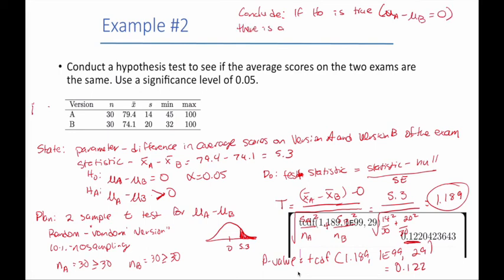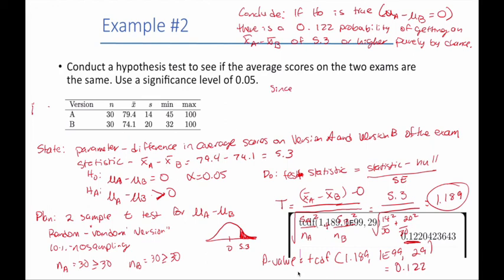there is a 0.122 probability of getting an x bar a minus x bar b of 5.3 or higher purely by chance. And then interpret or make our decision, right?